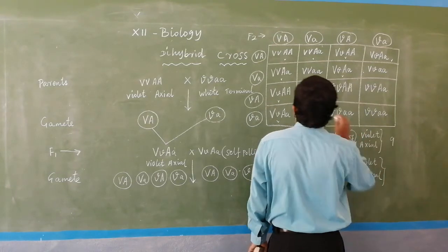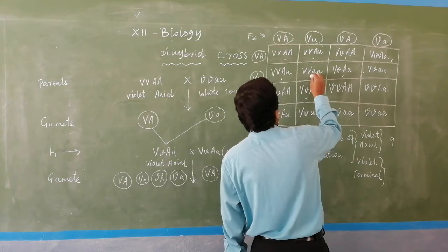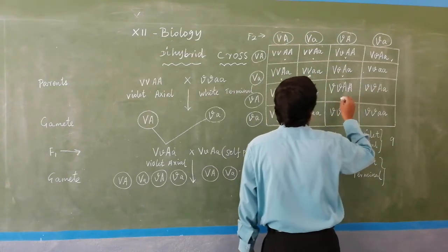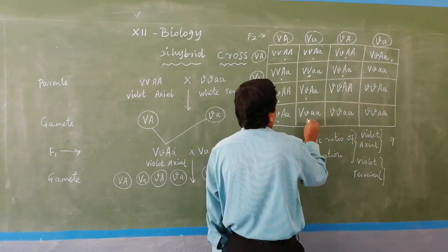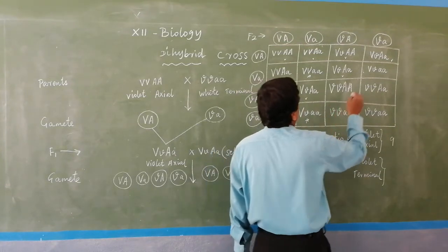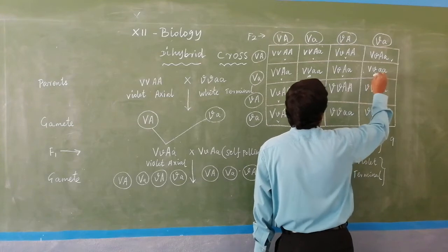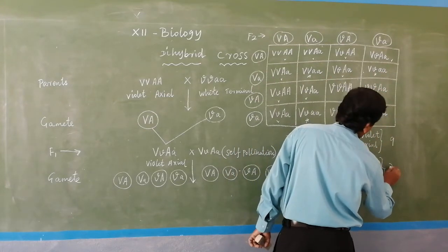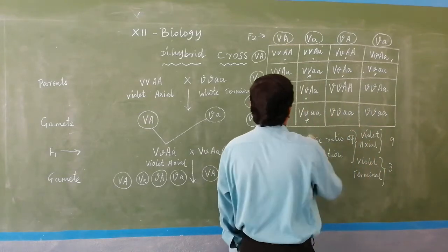Here violet terminal 1, here violet terminal 3, 1, 2, 3. So violet terminal 3. So all are finished.